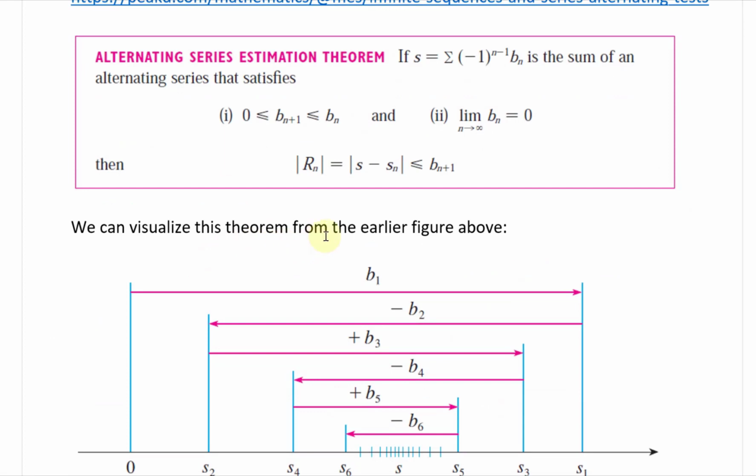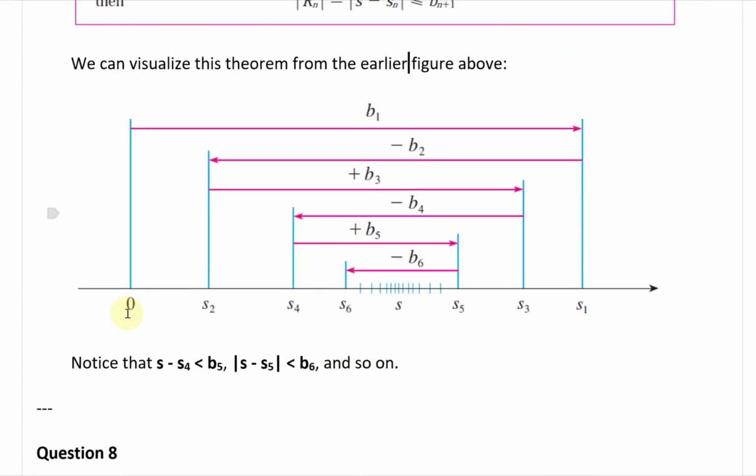We can visualize this theorem from the earlier figure. Here is 0, here's the first term B1, which goes all the way to S1, a partial sum. Then going backwards we reach S2, since B2 is less than B1.